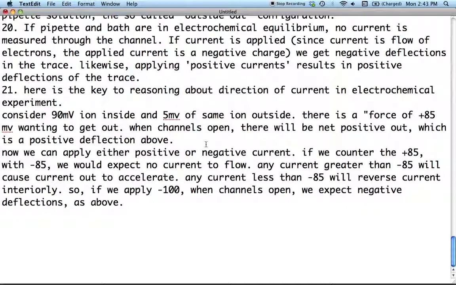If we applied any sort of positive current, this is just going to accelerate potassium rushing out, and so we're going to get positive deflections. And in fact, even negative currents up to negative 85 will cause outward current. Any negative current under minus 85 would result in an influx or negative deflections when the channel's open.